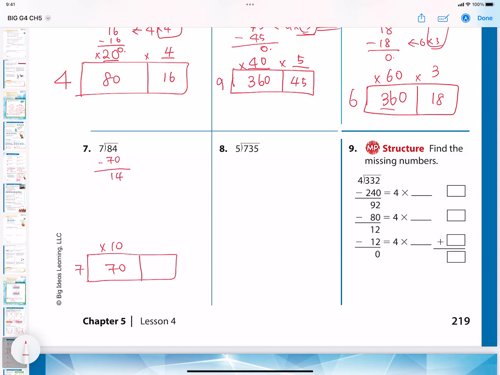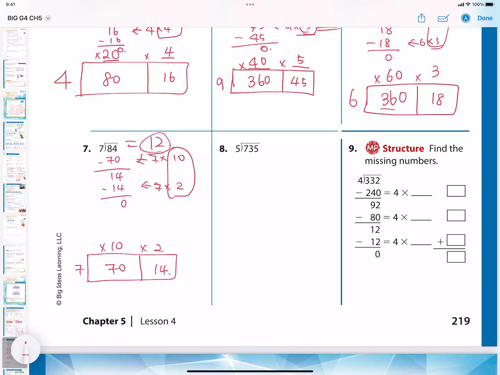Yes, 14. I'm going to put 14 in here, and 7 times 2 is going to be 14. And when you take them away, you don't have anything left over, which means what? 7 times 10 and 7 times 2. 10 plus 2 is 12. That's the answer.